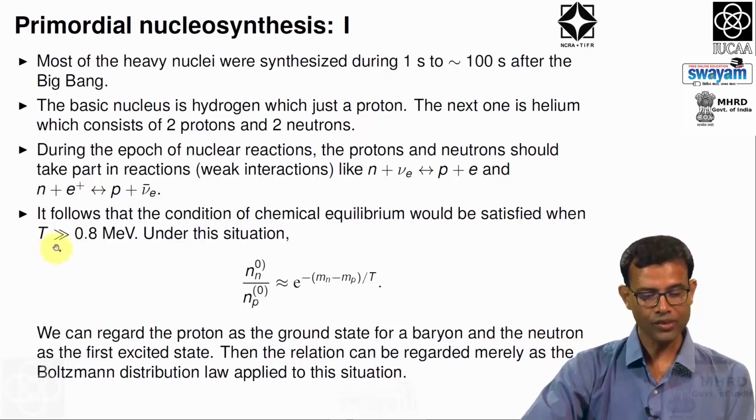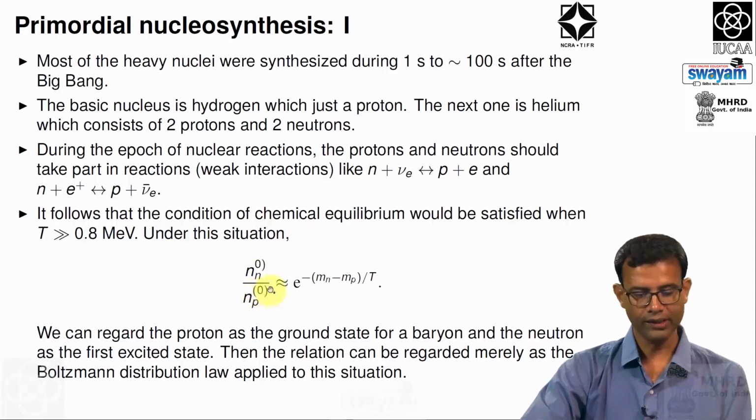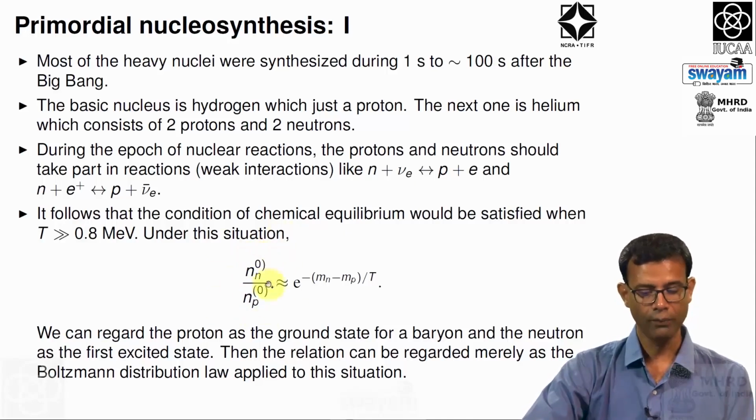But at early times the equilibrium is maintained, and there you can calculate the ratio between the neutron numbers and the proton numbers. The 0 superscript tells you that we are evaluating this expression under the assumption of equilibrium.